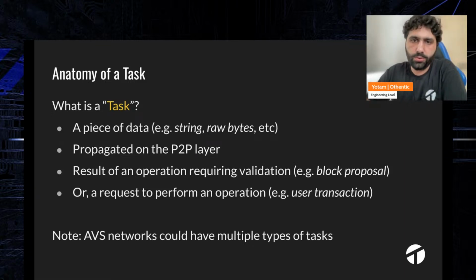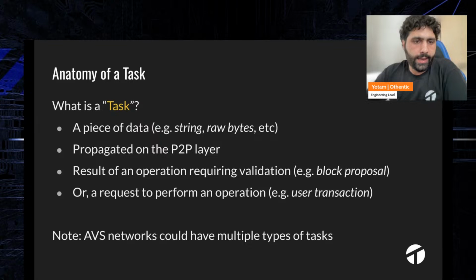And it's usually one of two things. It's either the result of an operation, which requires validation by the network, such as a block, or it's the request to perform an operation, such as a transaction. So when I have a block proposer proposing a block, that block is propagated throughout the network, and then every node goes over that block, runs it through its EVM, through its execution client, and validates that the block is actually valid.